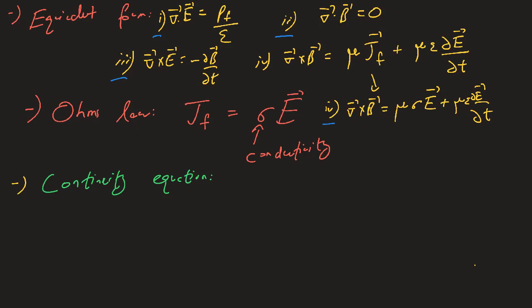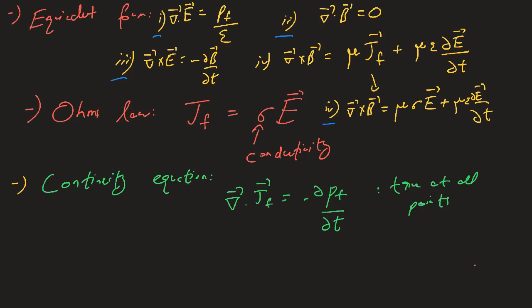And the continuity equation basically was that del dot current density is equal to minus the partial derivative of rho by partial t. And this is true at every given point, right? This is true at all points.